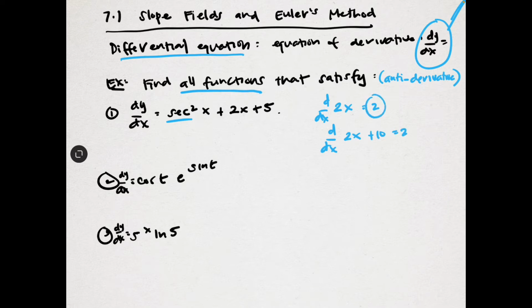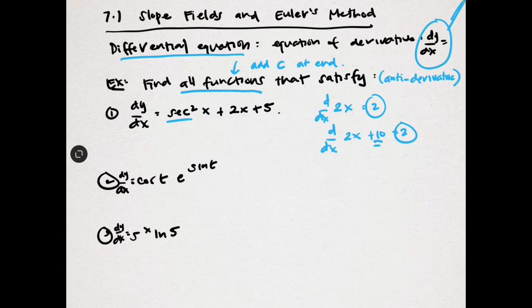So notice that many functions share the same derivative, but they only differ in the constant term. So anytime we say all functions, what we're going to do is add a c at the end, and that's just to cover all the different constants that could be there that make the same derivative function.